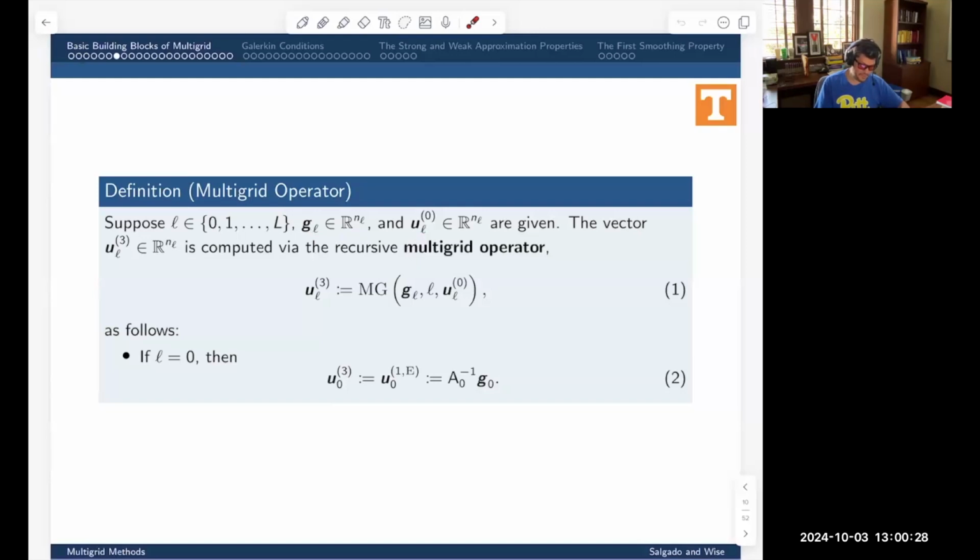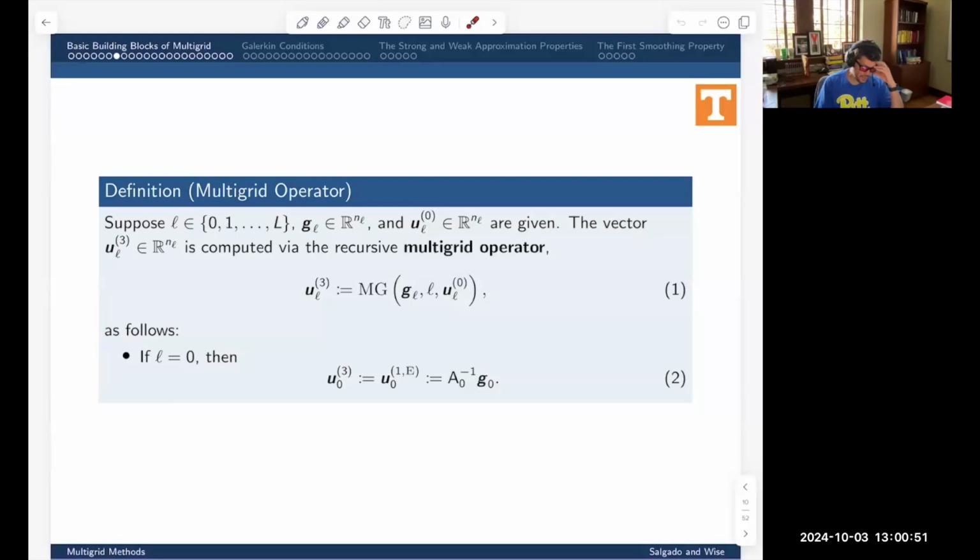This is going to be the thing that we throw into the multigrid operator that we want to improve upon. So we put it in as u^0 and come out with an improved guess. That's the idea. So this multigrid operator is defined recursively as follows.